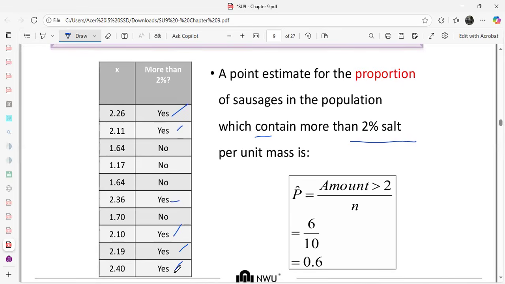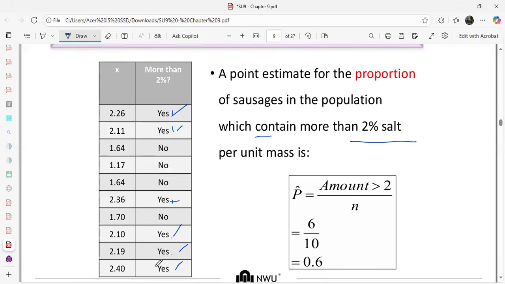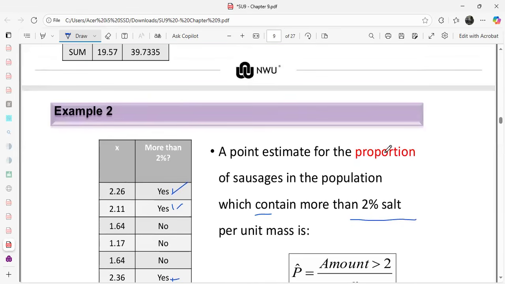When you count all of them, it's 1, 2, 3, 4, 5, 6. So 6 out of 10, because the whole thing is 10, which is 0.6. That's how you get the proportion.